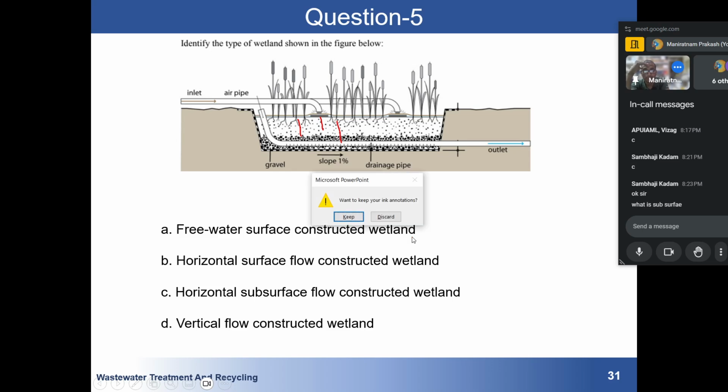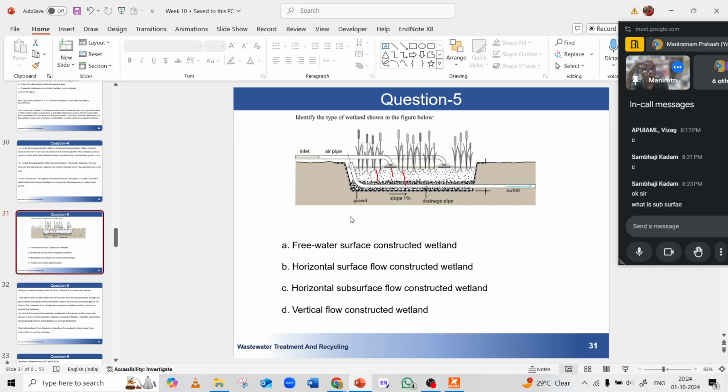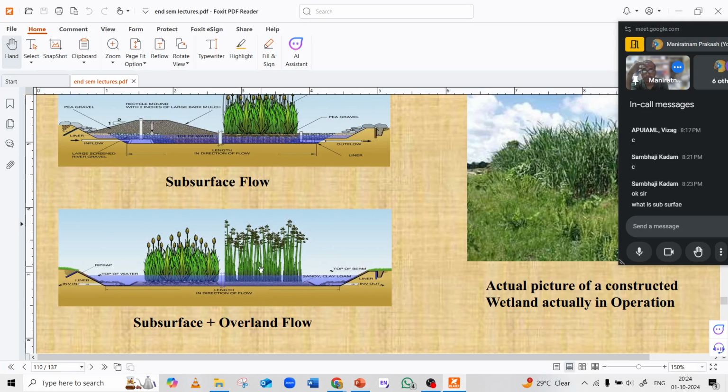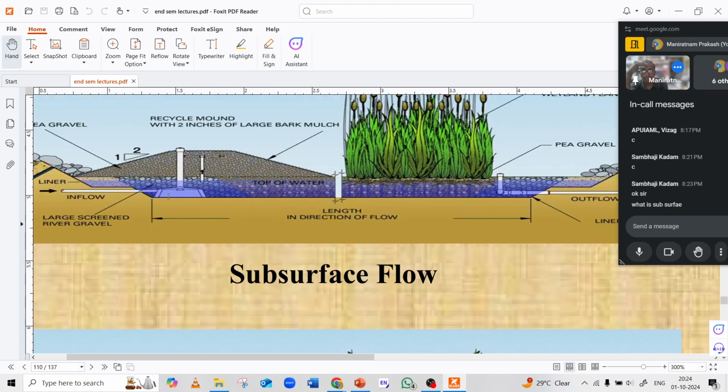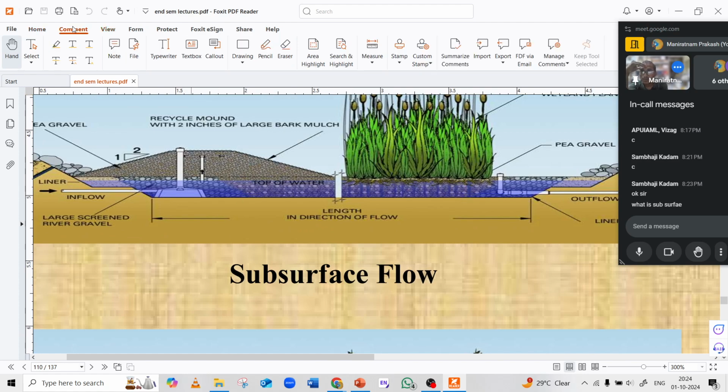Subsurface is this. Surface is there, then there is subsurface. Here you can see, this was our surface. Just one minute, let me get a pen or pencil.